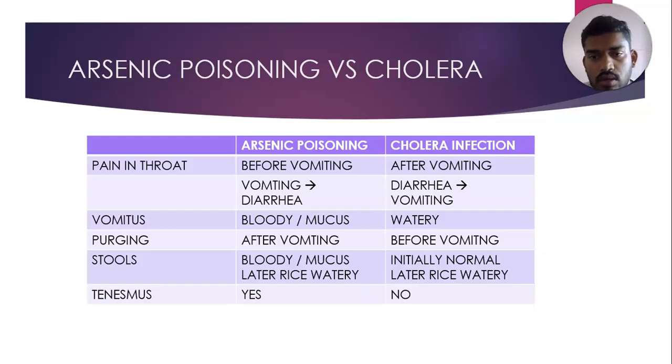Stools are bloody or mucus kind of stools, followed by rice watery in arsenic. But in cholera, initially can be normal, but then comes your rice watery stools. Tenesmus is there in arsenic but not in cholera.